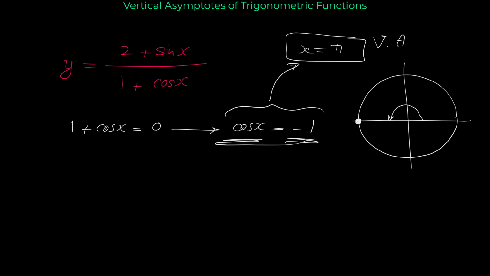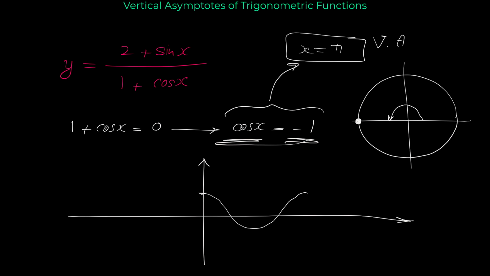But in this video, we don't want to talk about solving equations involving trigonometric functions, so I'm not going to explain how you really have to find the general solution of these types of equations. But if you remember the graph of cosine x starts from 1, it goes up and down like this. Here is pi, where the cosine is negative 1.